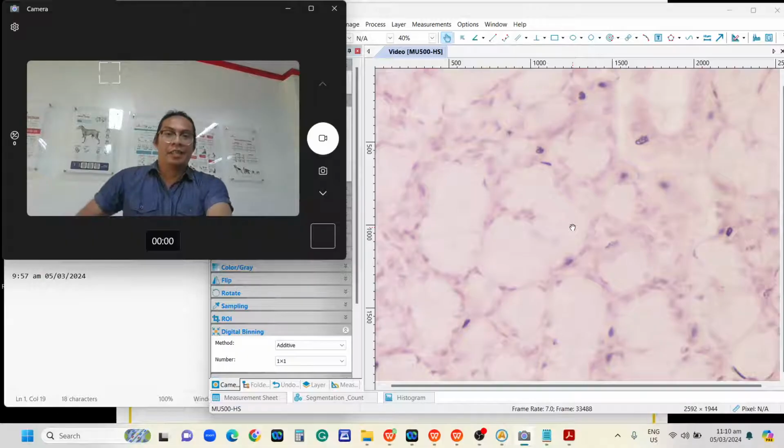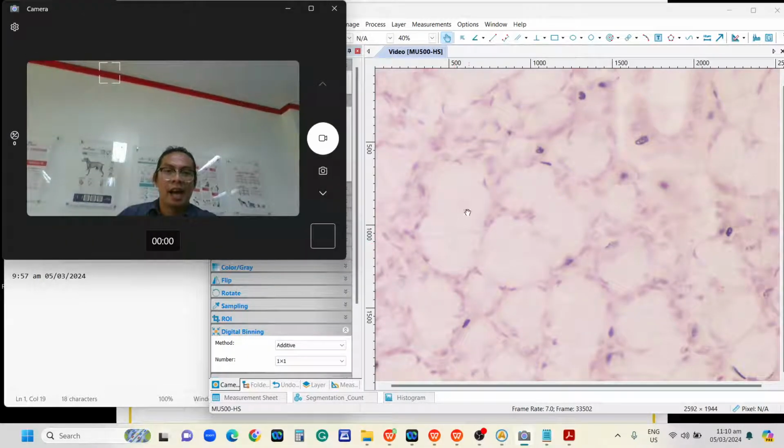Again, there is a faint outline of the cell. Diba? This is more or less tubular. This is again an acinar. And this is a duct.